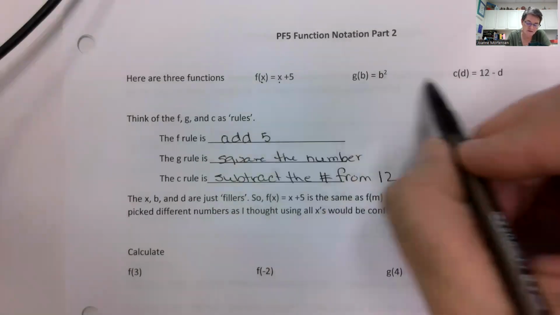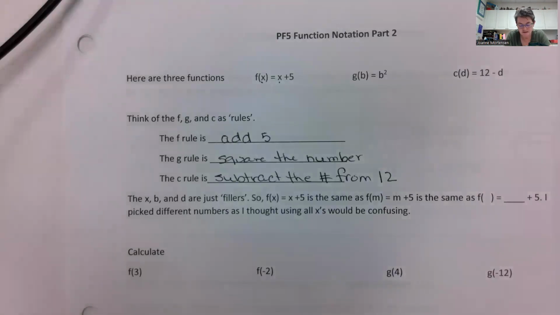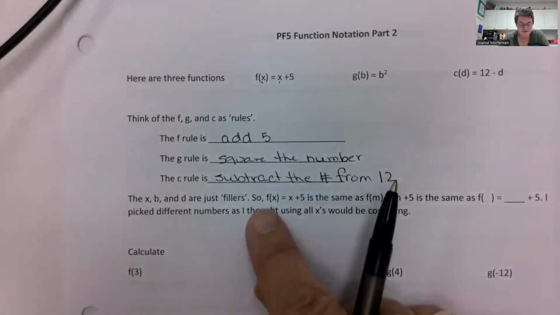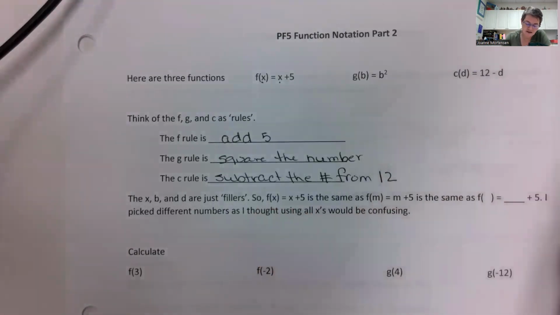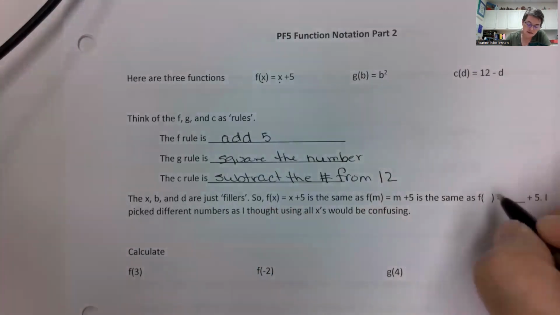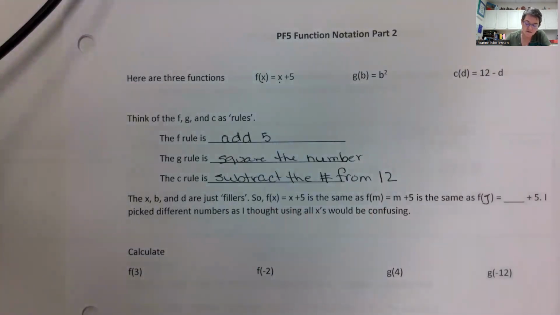The x, b, and d letters I chose are just fillers. So whether I write f at x is x plus 5, or f at m is m plus 5, or f at, pick your favorite letter, I'm going to use j.